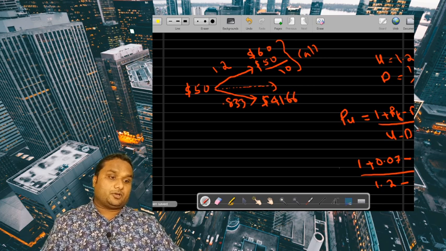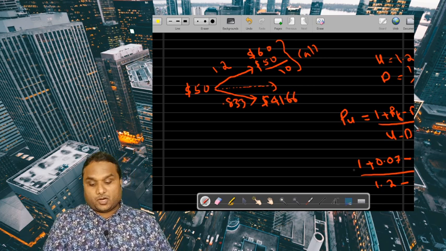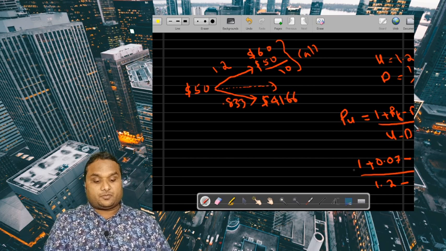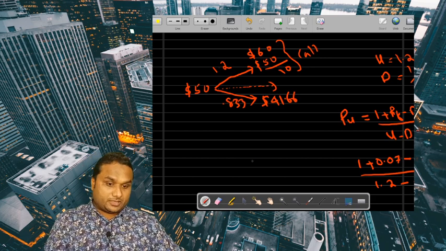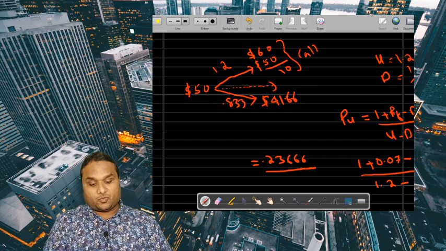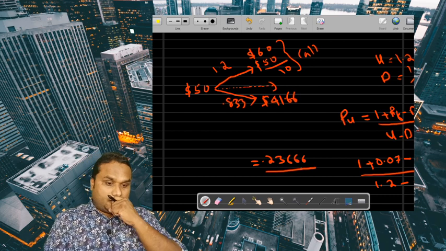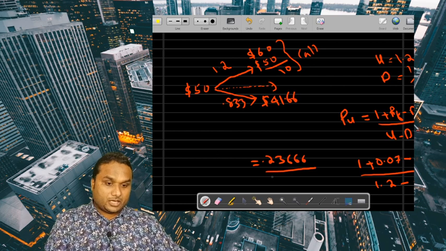And upward is 1.2 minus 0.8333, that is the downward. So in the numerator it is 1.07 minus 0.8333, which is 0.2366667. And the denominator is 1.2 minus 0.8333, which is 0.36667.